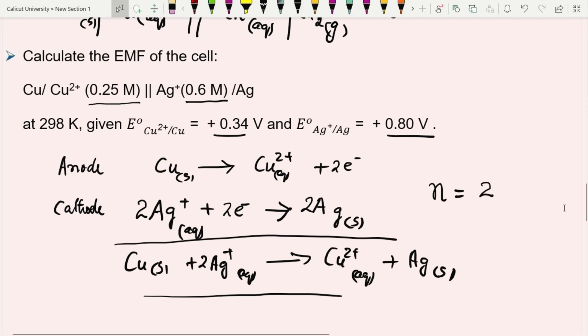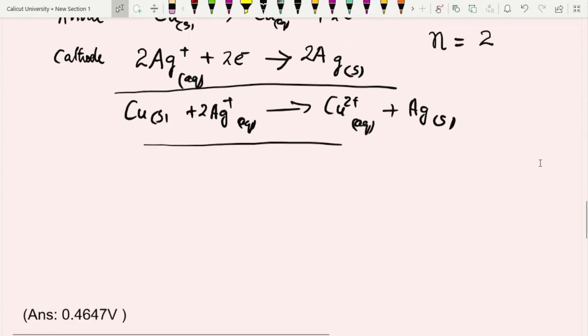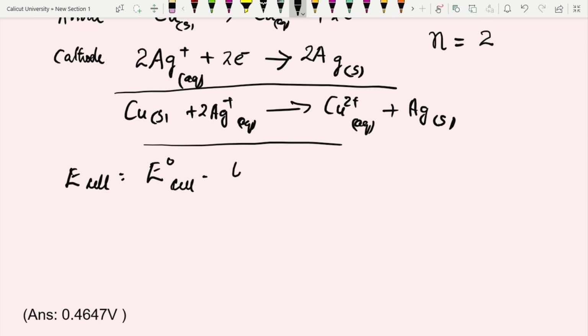Now, since the cell reaction is known, you can write down the Nernst equation. E of cell is equal to E naught of cell minus 0.0591 by N, at 298 Kelvin. N will be 2 in this case, times log.